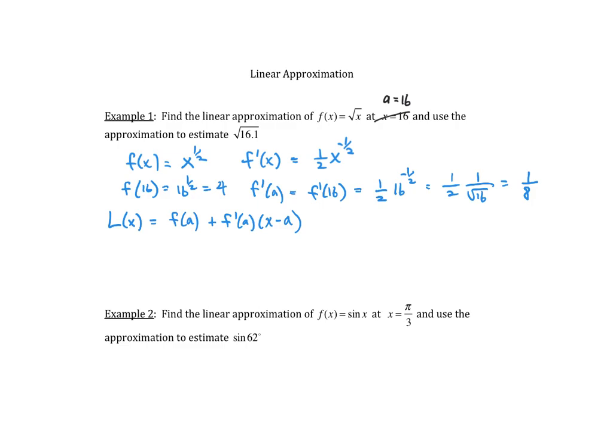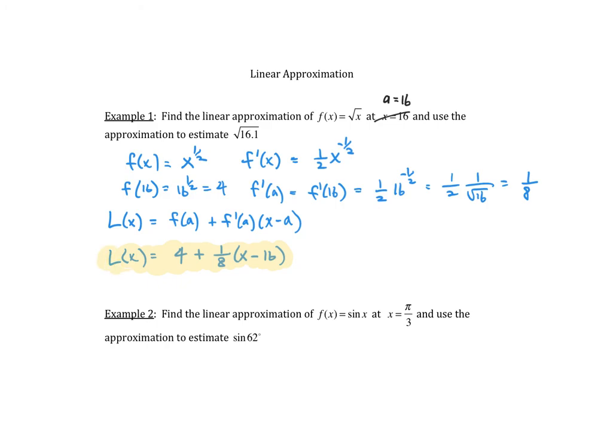That means that for us, this is going to be 4 plus 1 over 8 times x minus 16. Okay, this is my linear approximation. So let me highlight that. That's our linear approximation. We haven't quite answered the question yet, but we're almost there.